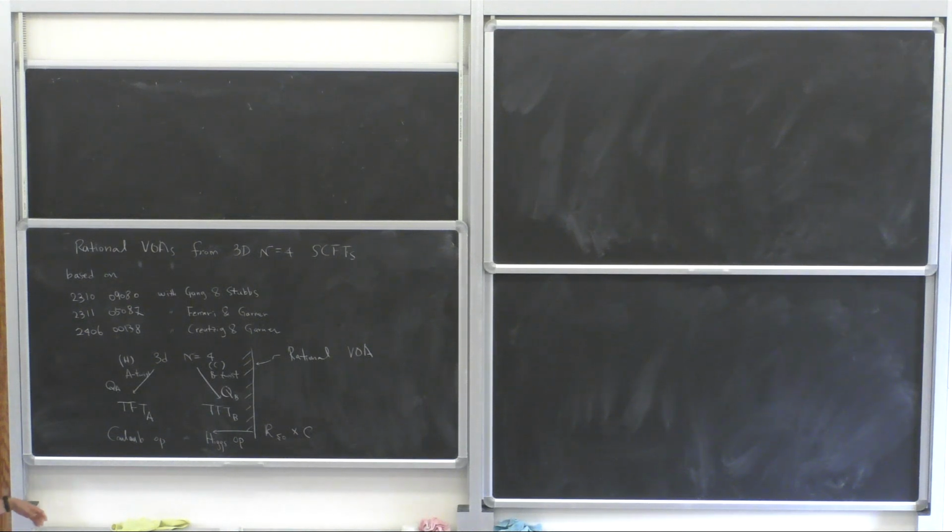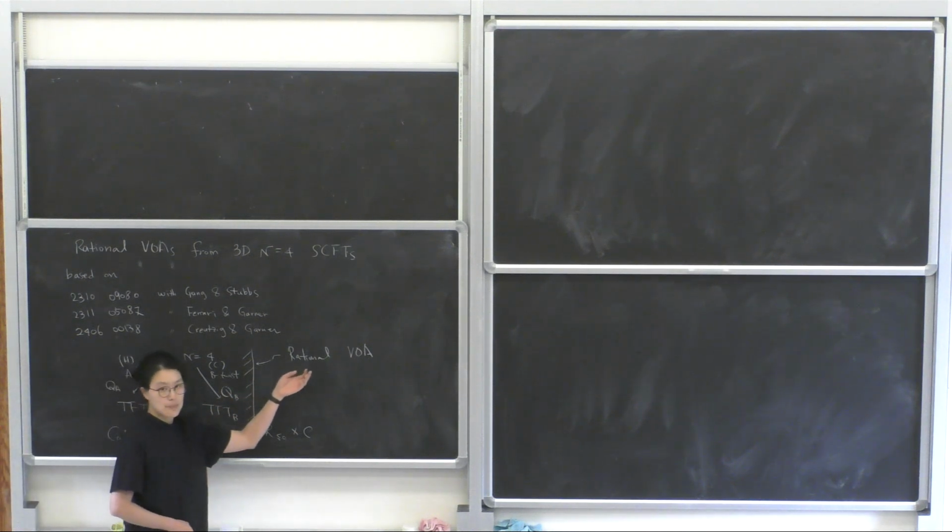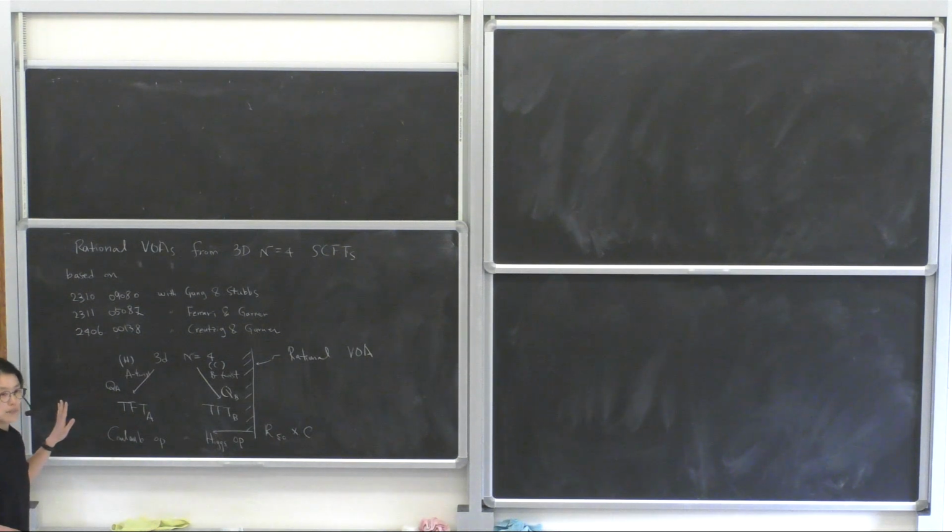Okay. So first of all, the rationality of VOA implies the semi-simplicity of the category of line operators on the bulk TFTs. And you can also argue that if the category of line operators is semi-simple, then that topological field theory doesn't have any non-trivial local operators.